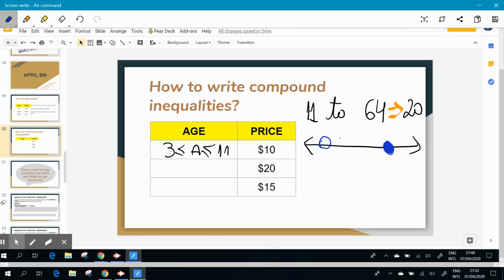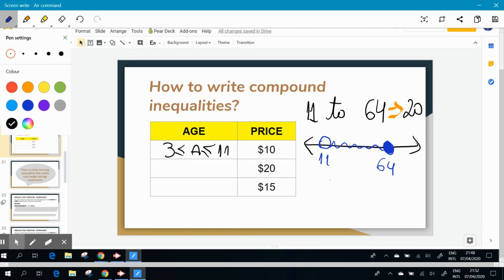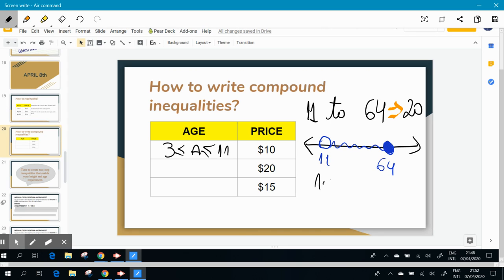People who are 11.1, 11.2, 11.3, 11.4, maybe yes. So from here on, 11 to 64. So then how do I write it? I will write 11, open dot, age, close dot, 64.